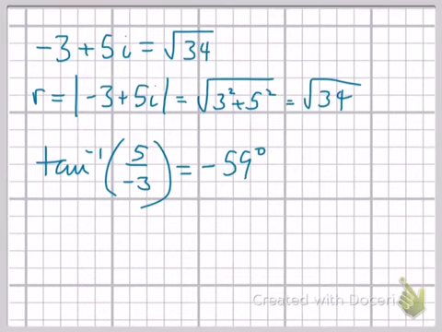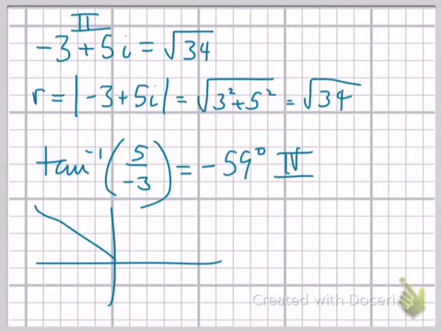But that's headed in the wrong direction, right? It's exactly 180 degrees in the wrong direction because this is in quadrant 4, and this is in quadrant 2. So, quadrant 2, 59 degrees. What angle is that? 121.